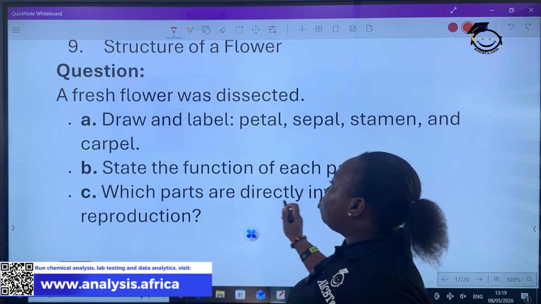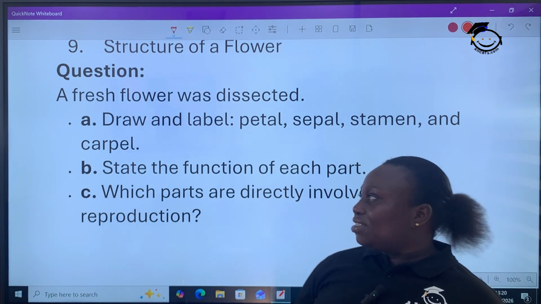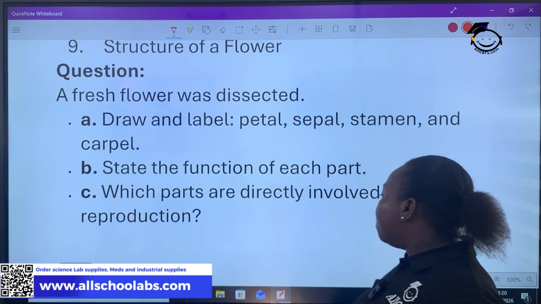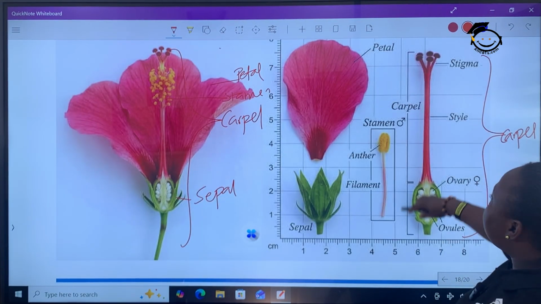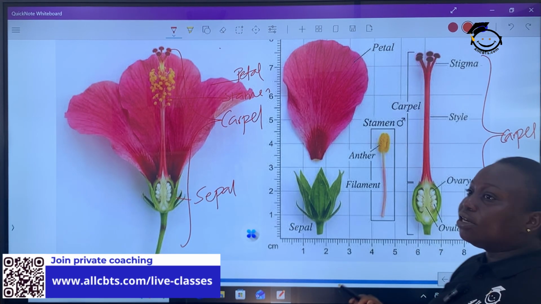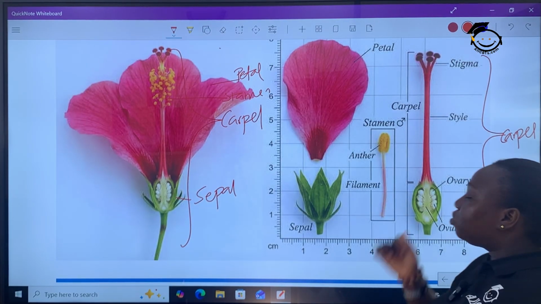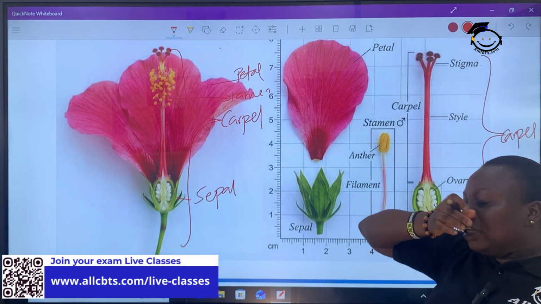And for the stamen and carpel, you can also go further and take the parts one by one. For example, for the stamen, the anther and the filament: you can say the anther is where pollen grains are found. The filament holds the anther intact.